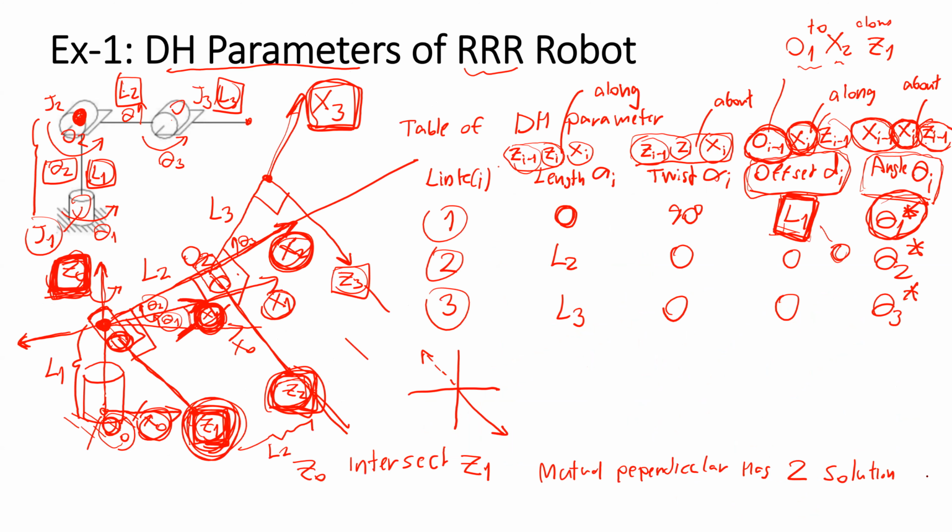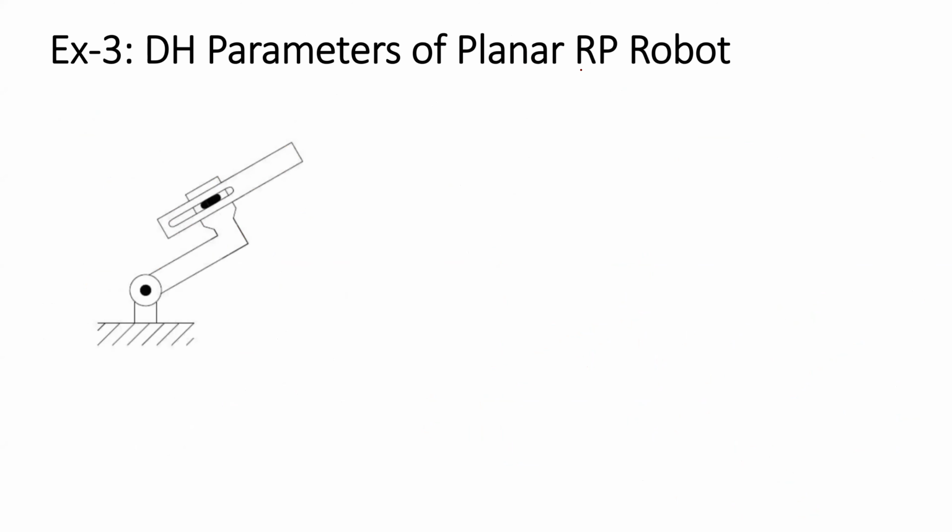This seems to be easy. We have only one revolute joint and one prismatic. So our idea is we just draw the axis. This is joint 1, right? So the axis should be Z0.